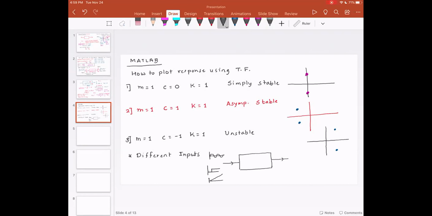I want you to go to the library browser. So click on the library browser, and once you go there, this is what you should be able to see.